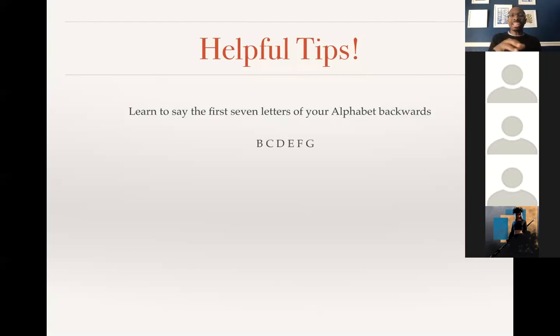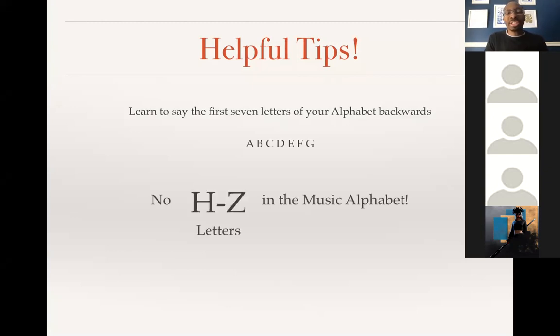G, F, E, D, C, B, A. That helps a lot, especially when you're going backwards down the staff and putting those things together. And also remember that there are no H's through Z's in the music alphabet. Only those first 7 letters, A, B, C, D, E, F, and G. Don't use those other letters as your answers, okay?